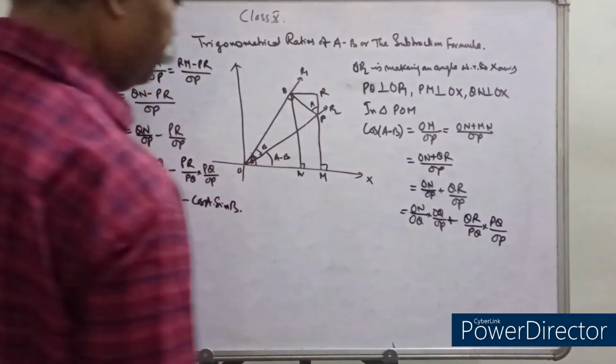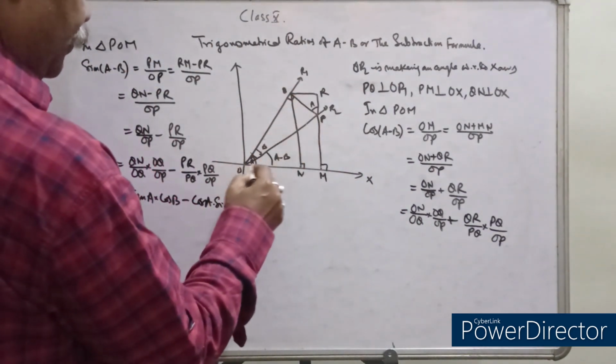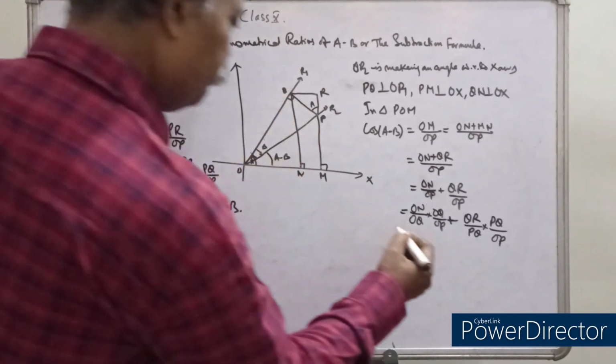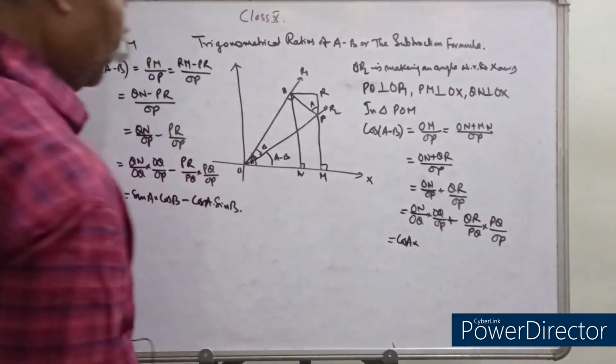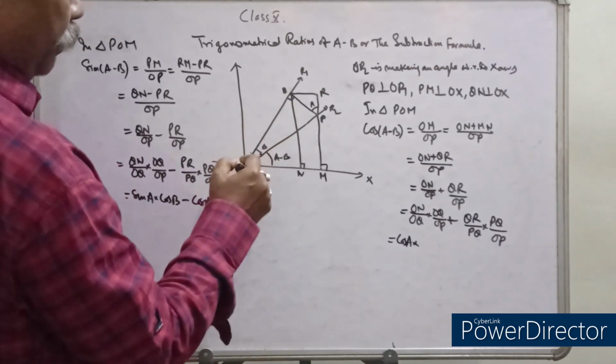Now ON by OQ, base by hypotenuse, is cos A, into OQ by OP.